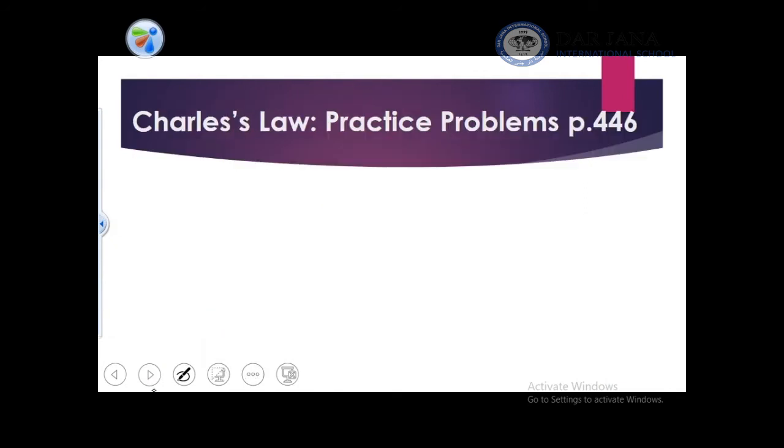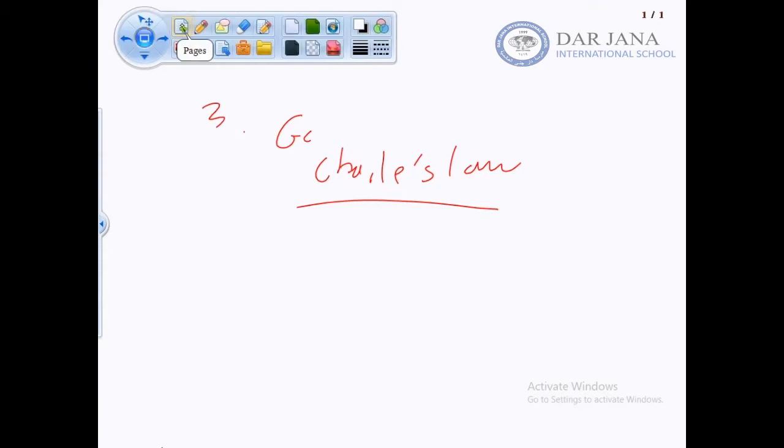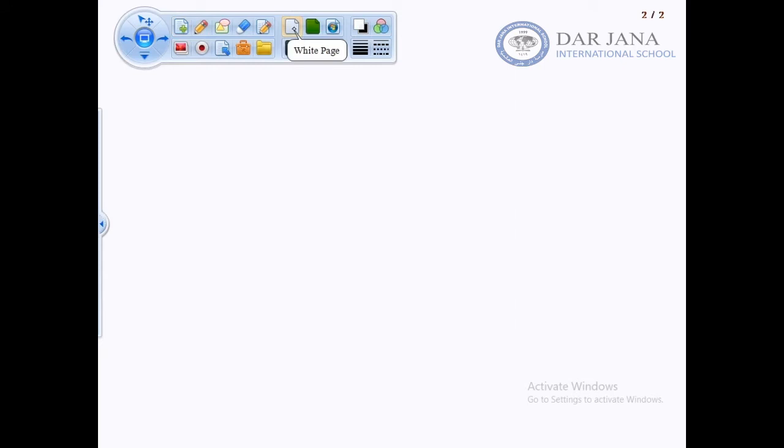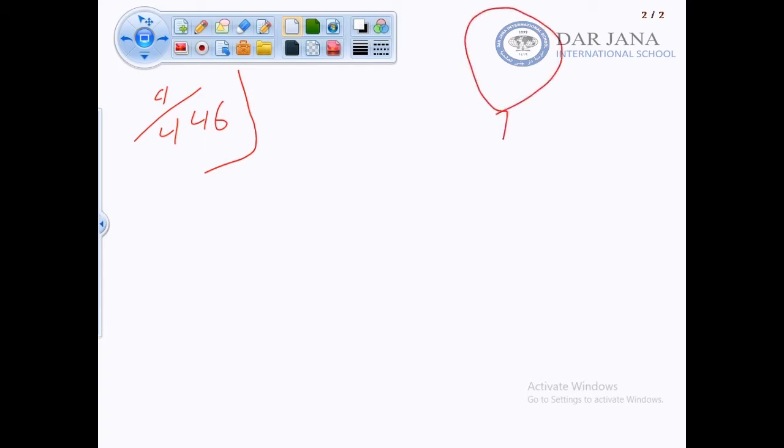Let's solve an exercise on Charles' law. Exercise 4, page 446. What volume will the gas in the balloon at the right occupy? So we have a balloon, as you notice.